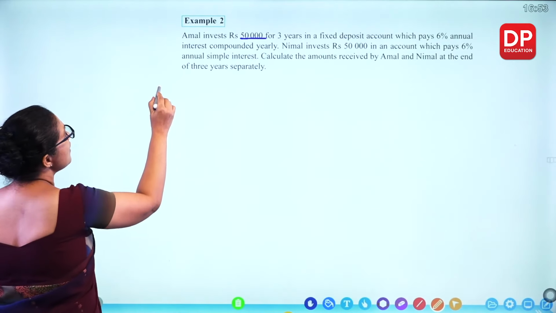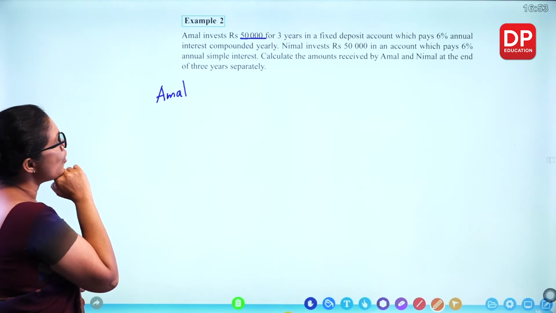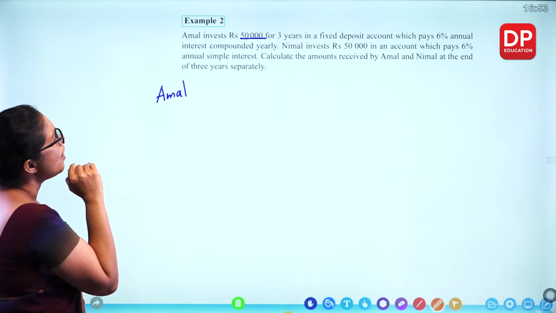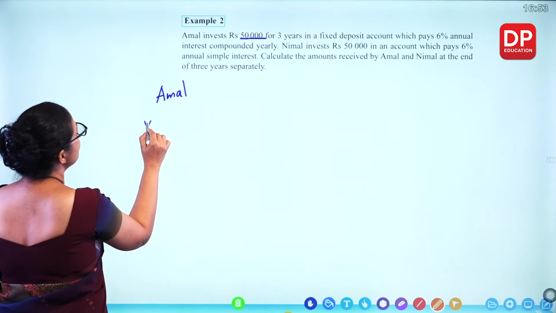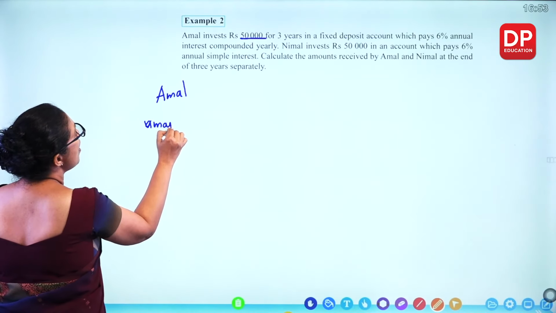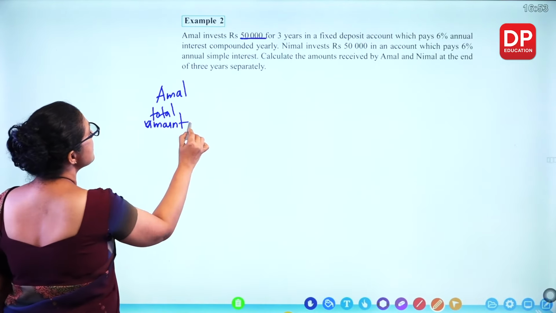So we'll first calculate the value for Amal. That's compound interest. This is for 3 years. So what's the value? Amount, total amount after 3 years.